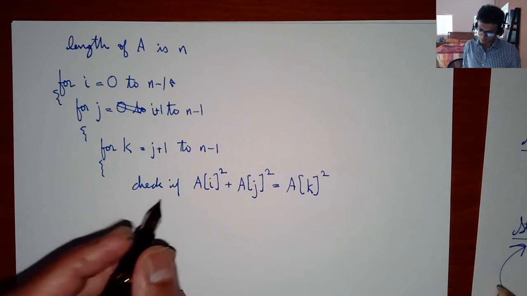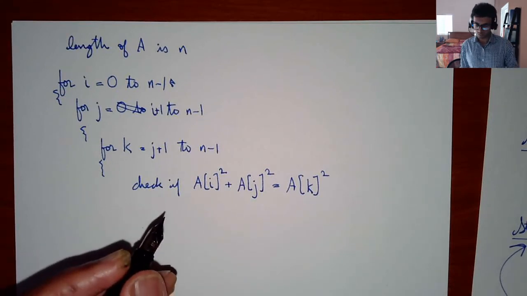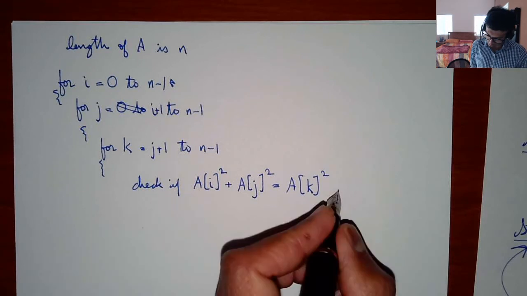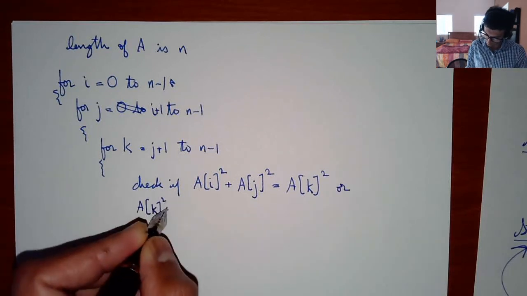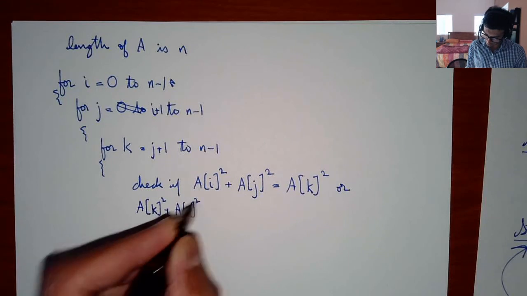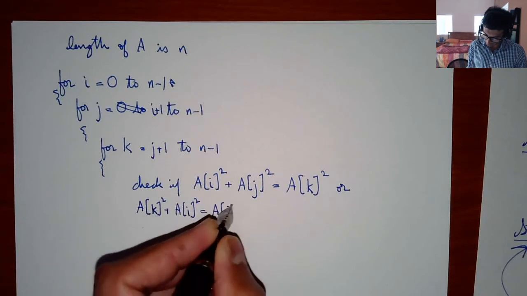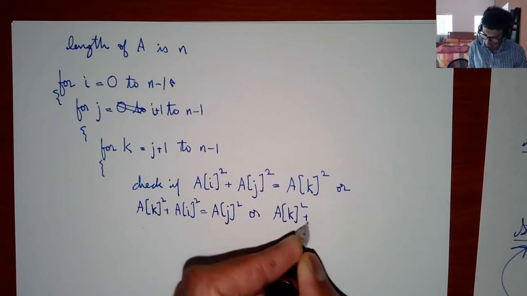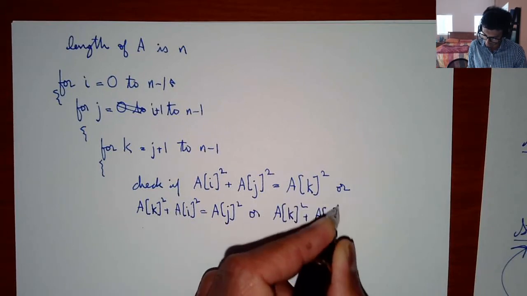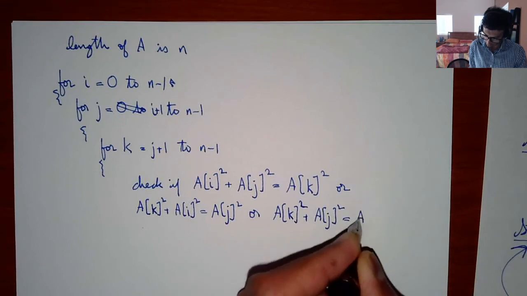And you should technically check other permutations as well. You can check if this, or ak squared plus ai squared equal to aj squared, or ak squared plus aj squared equal to ai squared.